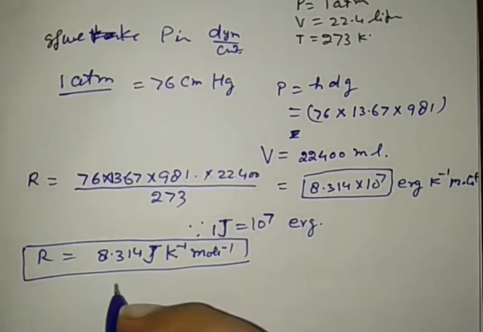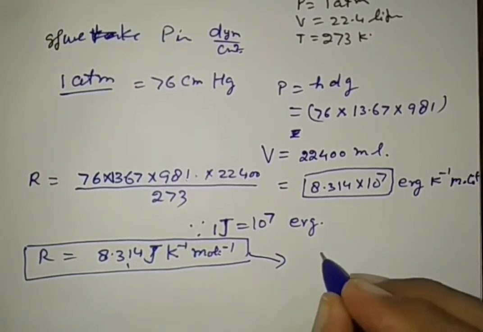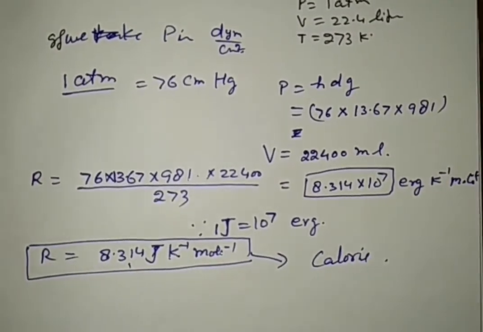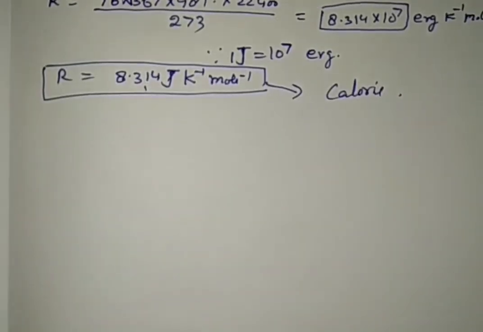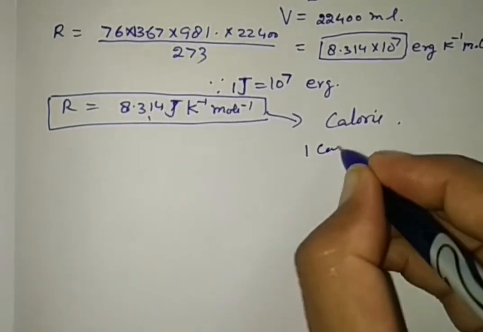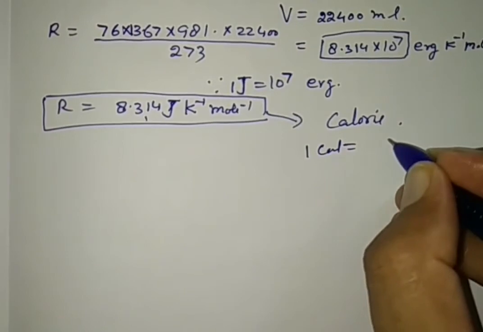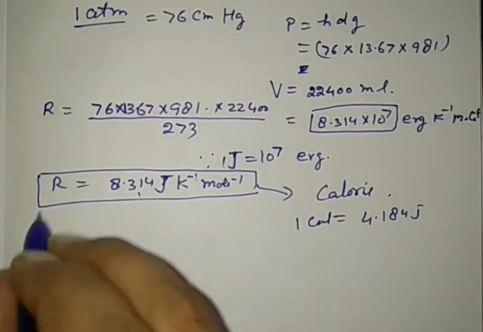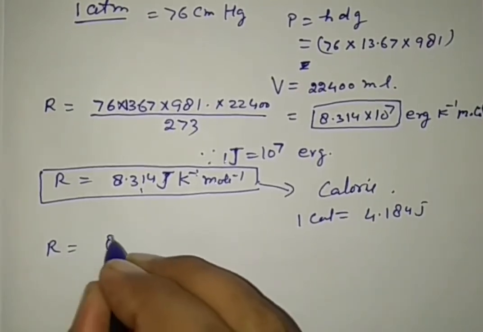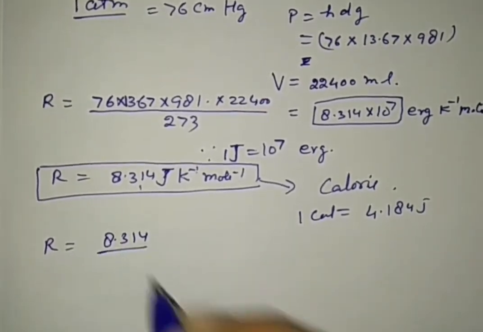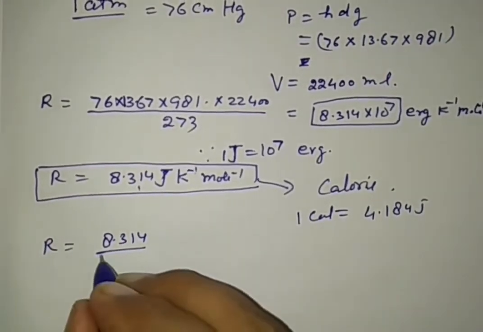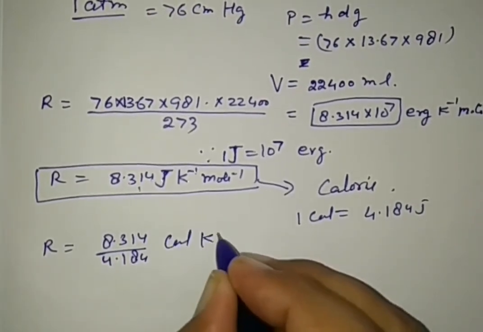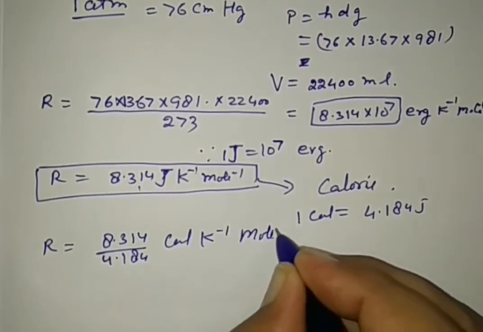If we want to see this value in calorie, knowing 1 calorie is equal to 4.184 joule, R can be written as 8.314 by 4.184 calorie per Kelvin per mole.